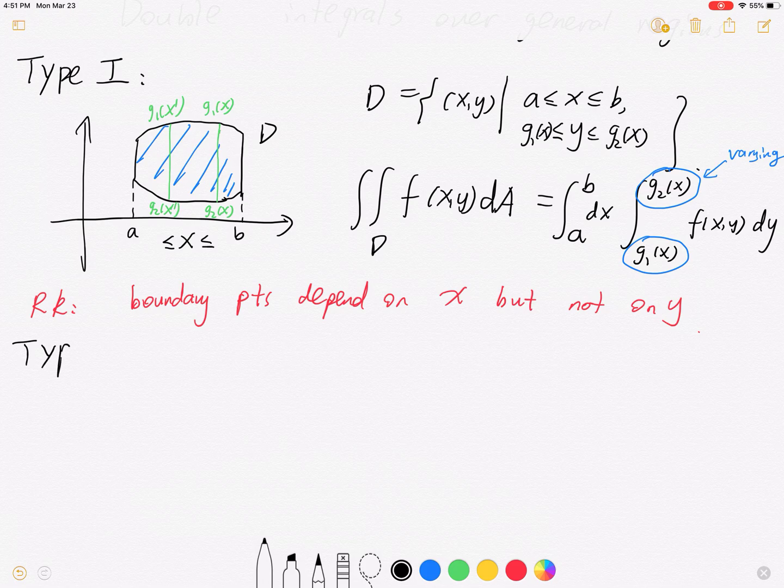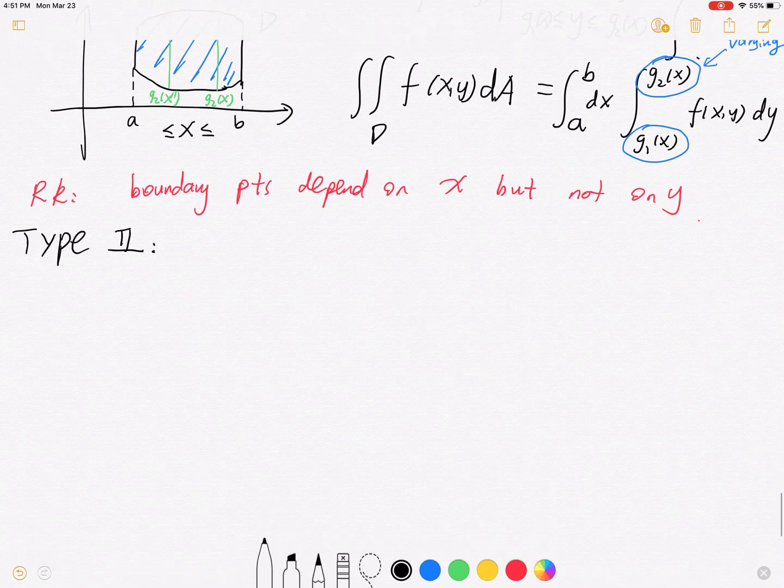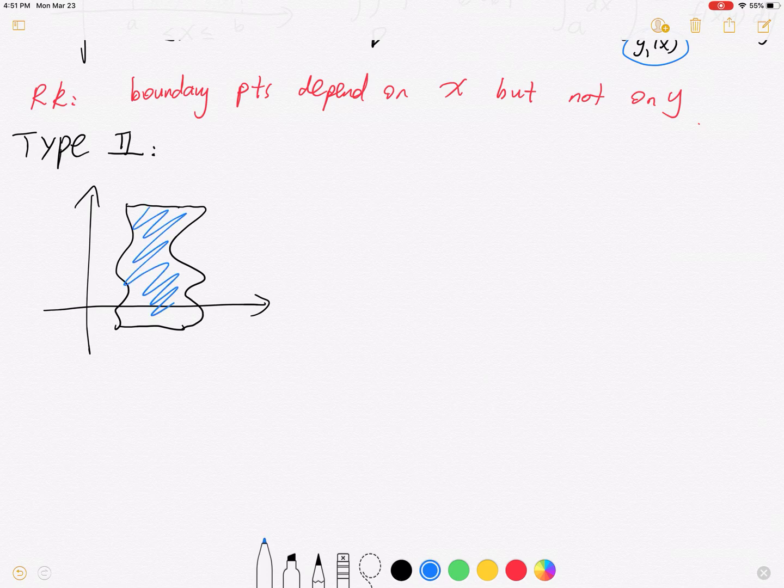Okay, similarly, if we change the places of X and Y, then we might have the following example. So the domain D is now given as the following domain.